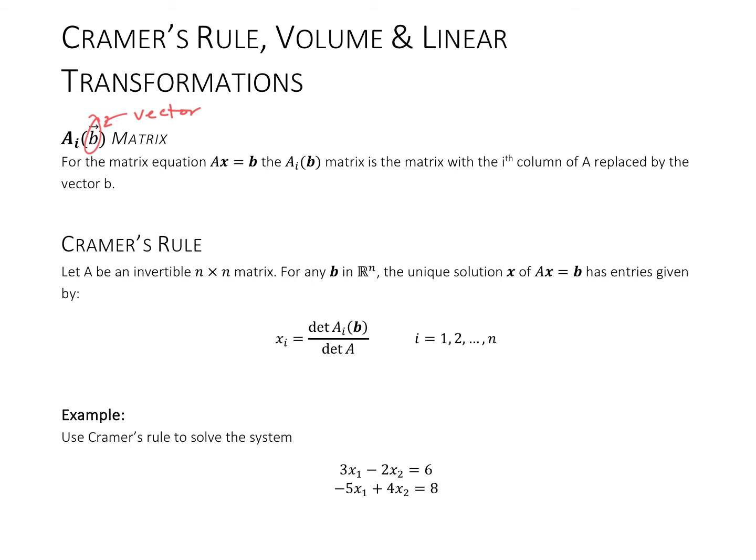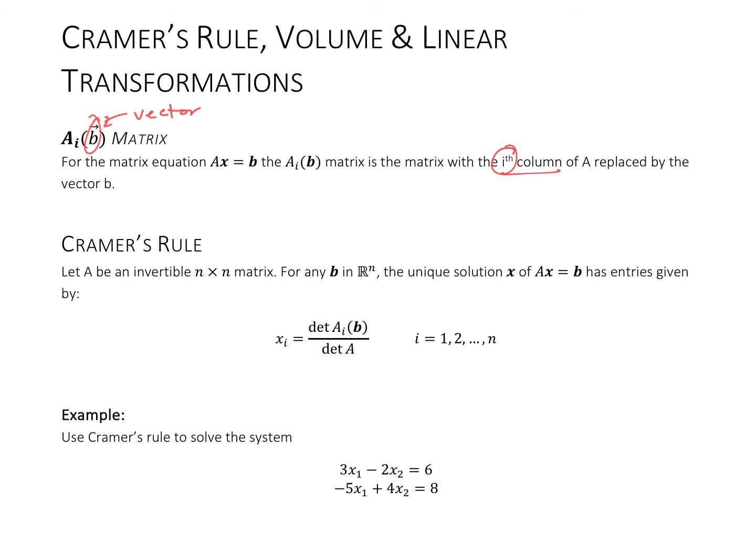If I have the matrix equation AX equals B, the AiB matrix is the matrix with the ith column of A, so just whatever number column of A, replaced by whatever our vector B is. Notice, generally we think of j on the column, but the i is there on purpose. Trust me on this one.